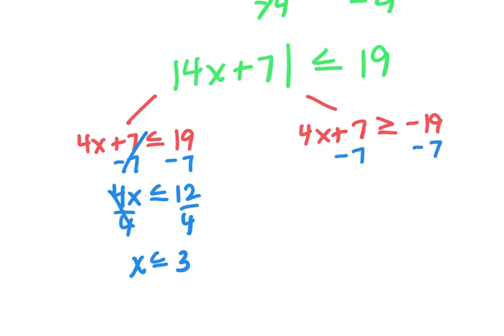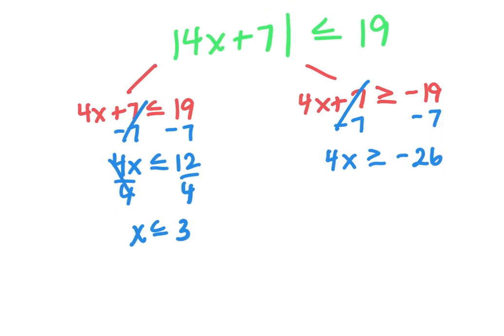Subtract the 7 now from the -19. 4x is greater than or equal to -26. Divide that by 4. x is greater than or equal to -6.5.